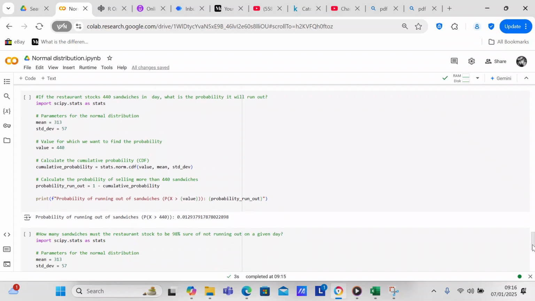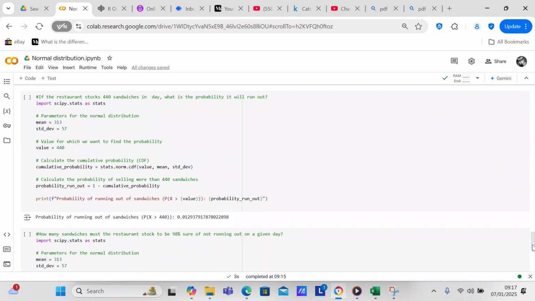If the restaurant stocks 440 sandwiches in a day, what is the probability that it will run out? Now you're looking for a value of greater than 440. So the mean is 313, the standard deviation is 57, and the value is 440. Now we calculate the cumulative probability: cumulative probability equals stats.norm.cdf, brackets, value, comma, mean, comma, standard deviation.